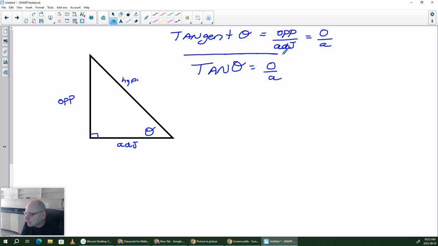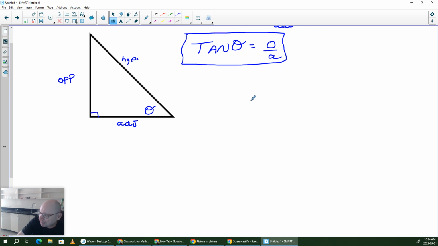Now, if you were to have to find sides, which we'll do in our second lesson next day, there would be a rearranged formula for the opposite side and the rearranged formula for the adjacent side as well. But we'll be focusing on that specifically next lesson. This lesson, we're going to focus just on the angle side of things.